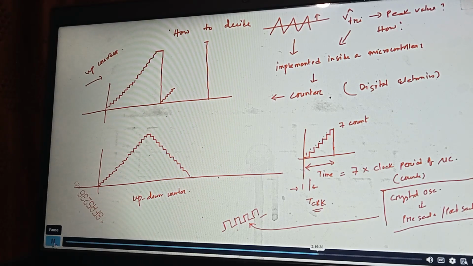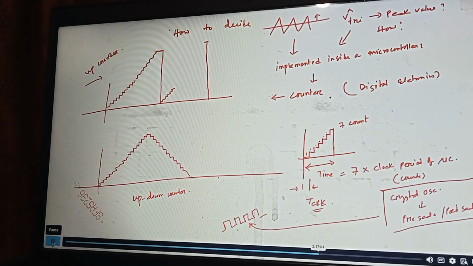Let's say your crystal oscillator in a microcontroller generates 1 megahertz, but you need a 10 megahertz signal. So you can use a post-scalar of 10 times. These are some arrangements available in the microcontroller, but for simplicity, let us forget about it. Let's say I have a crystal oscillator in the microcontroller generating just a simple square pulse of 1 megahertz.